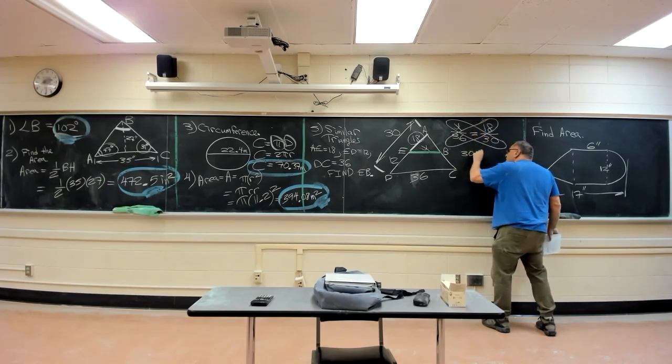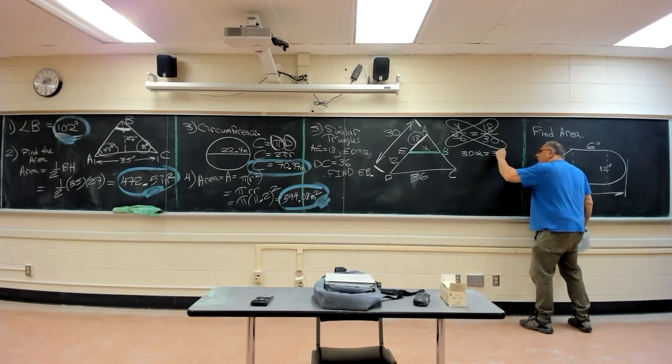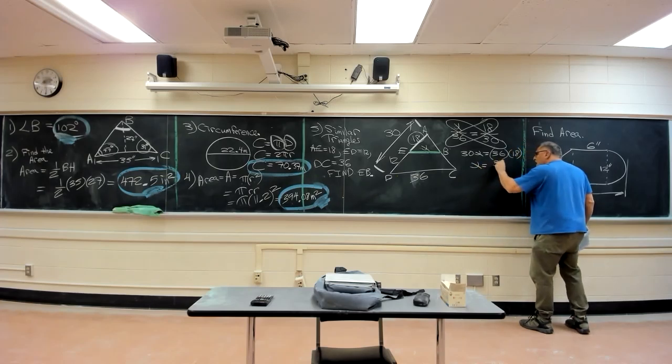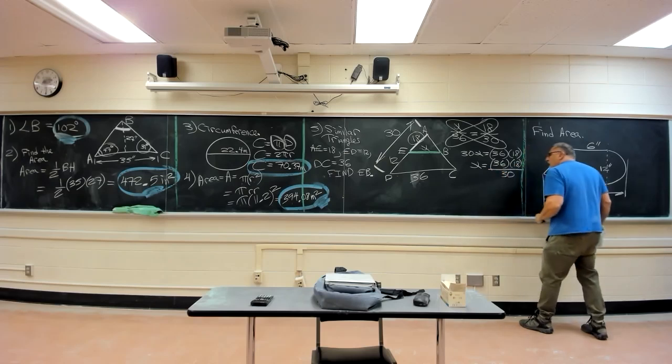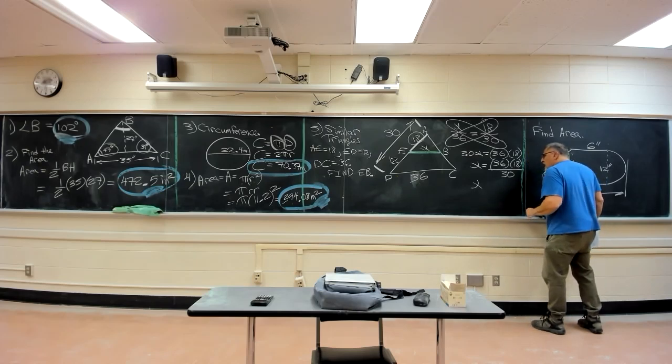30 times x is 30x, 36 times 18 is what this is. Divide by 30 on each side. Kind of interesting. Let me think what we could take out of here. We could take a 6 out of here and have a 5, and we could take a 6 out of here and have a 6.